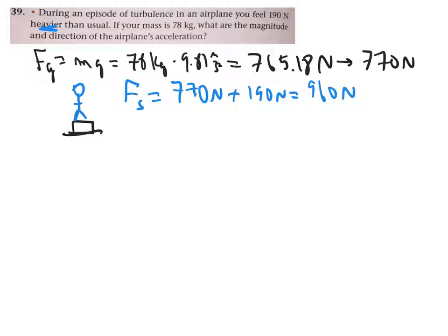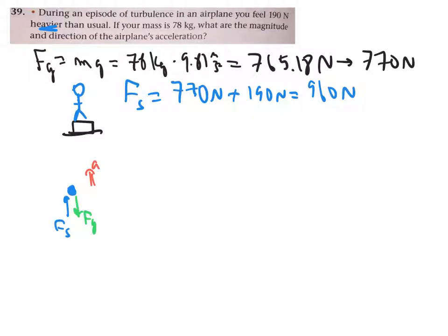Alright, and then what's going on if we do a free body diagram of you is that the weight is pulling you down, but the scale is holding you up, and then there's an acceleration which I'm going to choose to point upward. If it comes out negative, then I just know it really went downward.